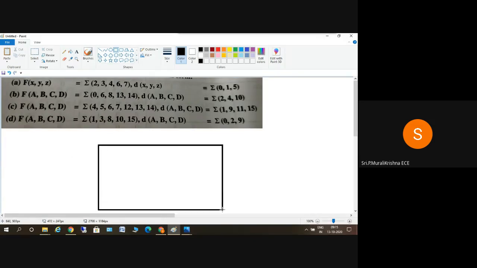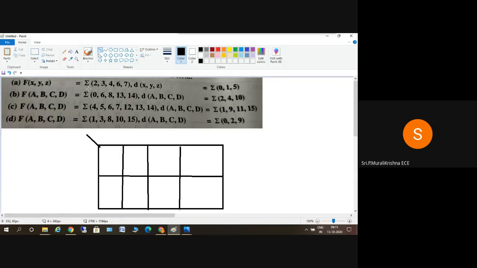Okay. So one is the correct answer, because it is covering all the minterms. So for f of x, y, z we will have only 8 minterms here.